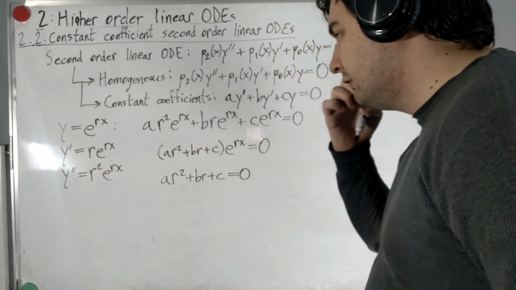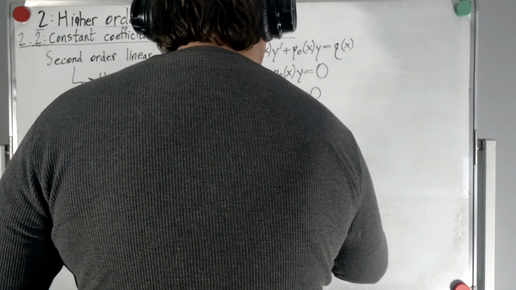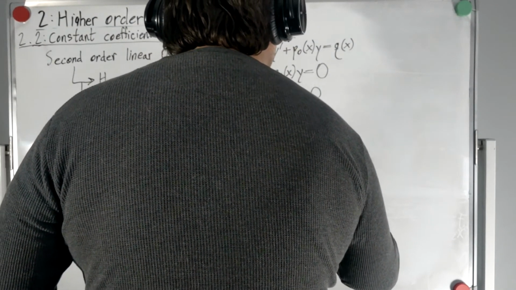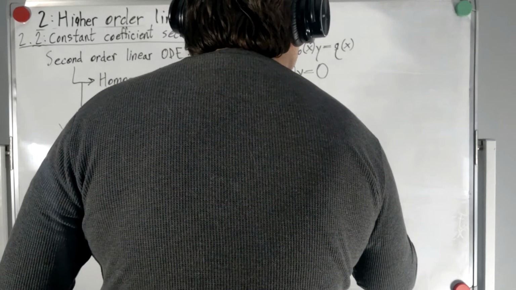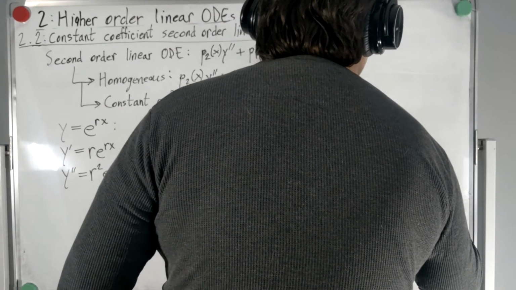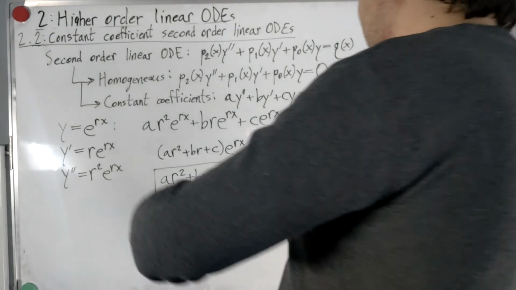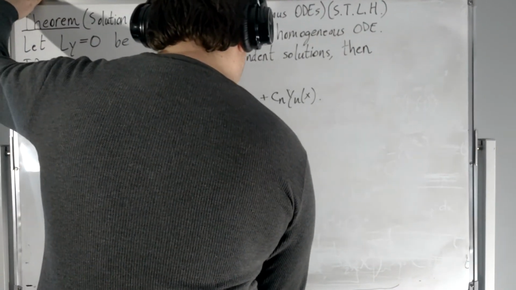And this thing right here is called the characteristic equation of the ODE. So, how does this work? Well, of course, we're going to have to look at some examples.